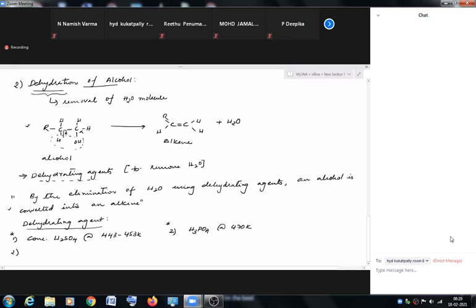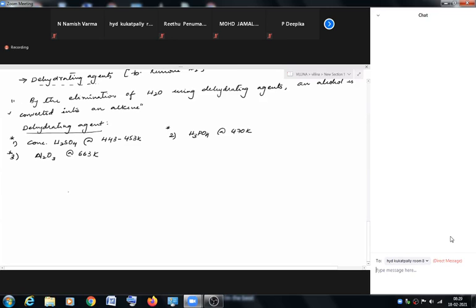Or else another common one, alumina Al2O3 at 663 Kelvin. This is also very common, and there is a certain importance to this alumina that I will tell when we are writing common examples. So Al2O3 at 663 Kelvin. This is also one of the dehydrating agents.